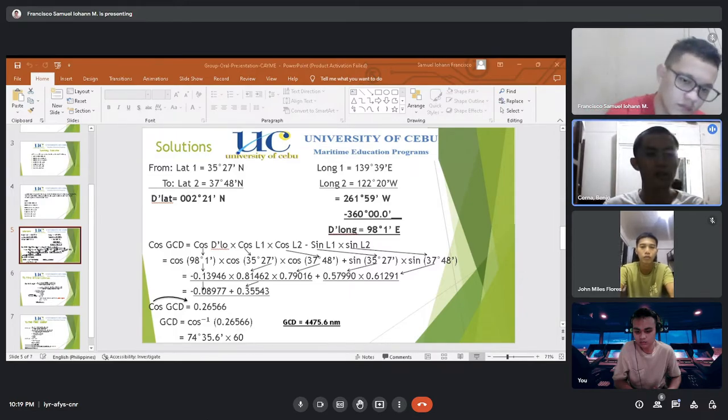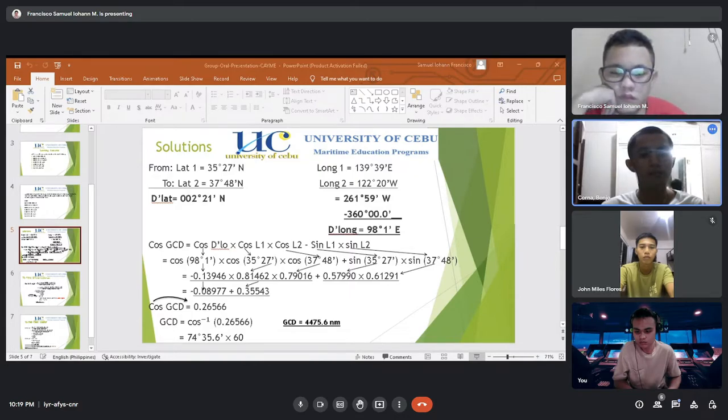And then the answer of cosine 98 degrees 1 minute is negative 0.13946. And then the answer of cosine 35 degrees 27 minutes is 0.81462. And then the answer of cosine 37 degrees 48 minutes is 0.79016.